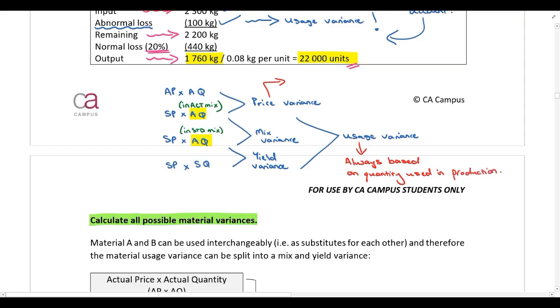However, with the price variance, if inventory is valued at standard cost, then the price variance is based on the quantity purchased. However, if inventory is valued at actual cost, then the price variance is calculated based on the quantity used or issued into production.